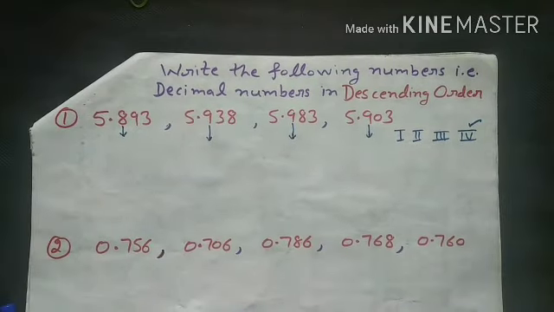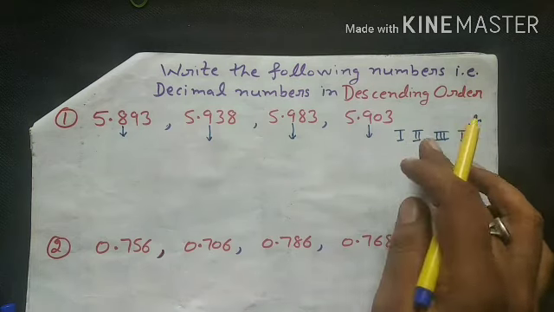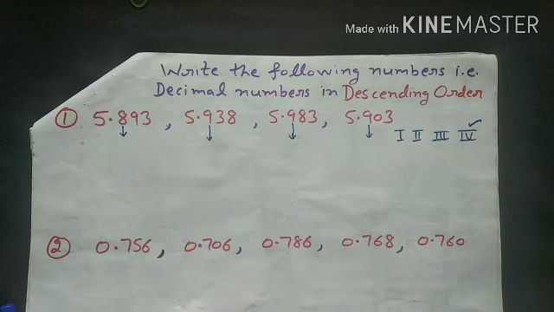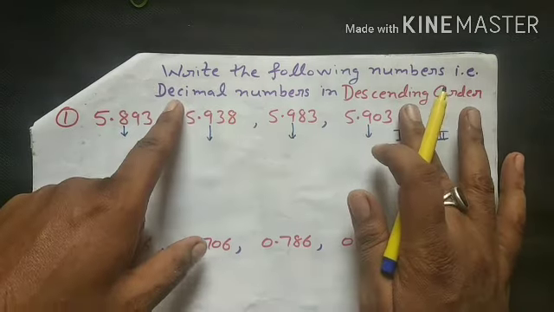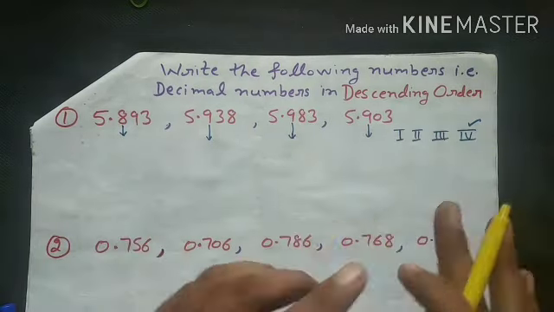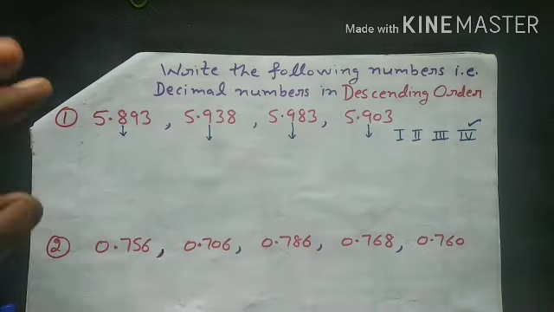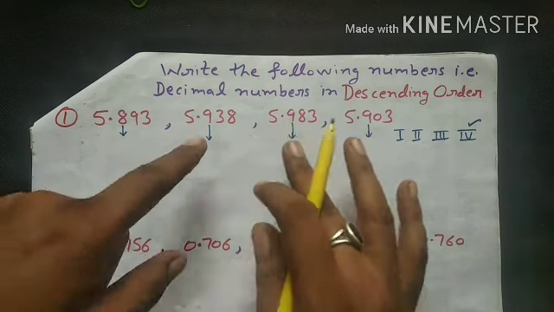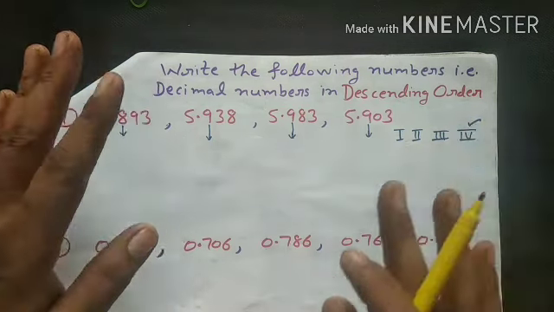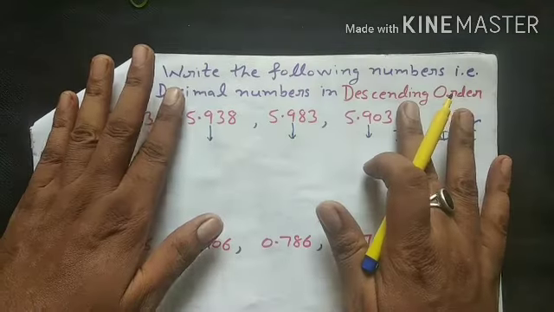Now the question is of the first 3 positions. For the first 3 positions I will compare these 3 only. For the last place I have booked the number that is on the first position in the given question. Now we come to the first, second and third position. Now we will compare only these.